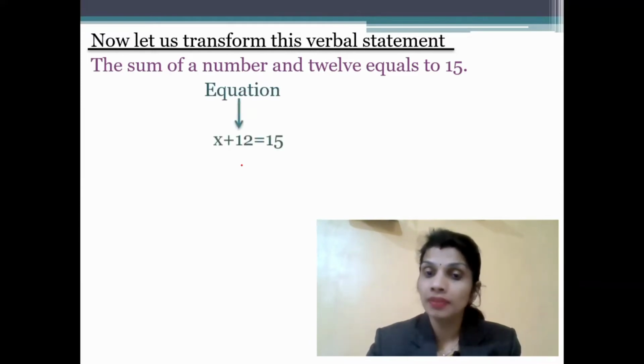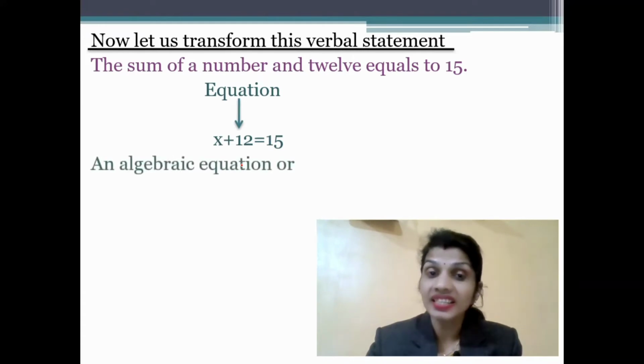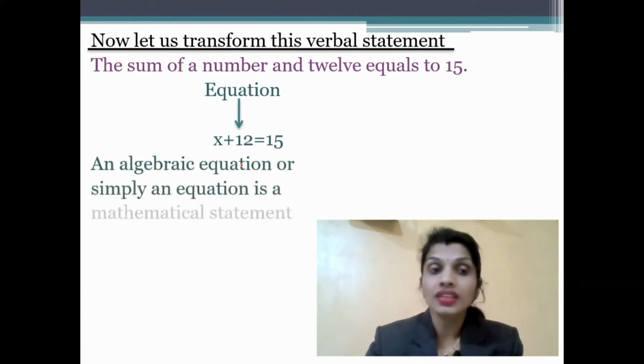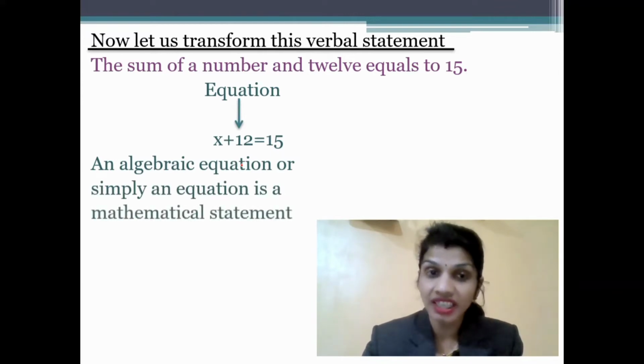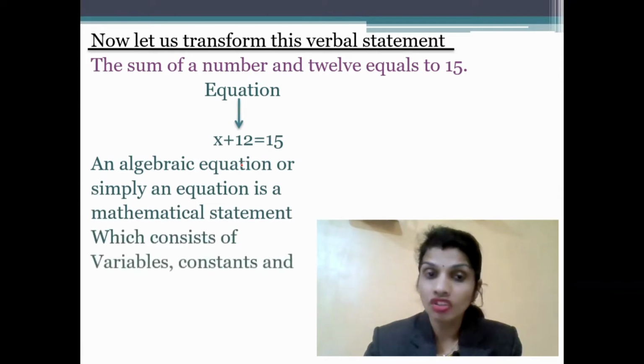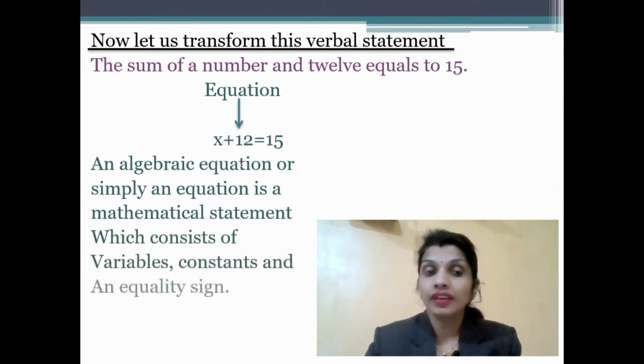As you know, the sum means plus. So x plus 12 equal to 15. An algebraic equation, or simply an equation, is a mathematical statement which consists of variable, constant, and an equality sign.